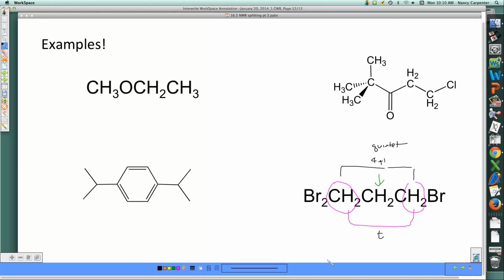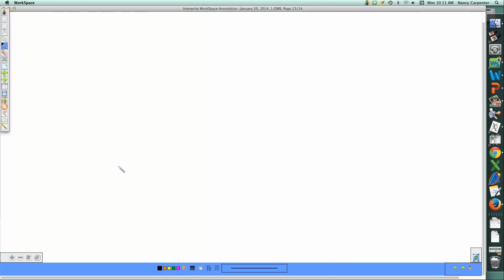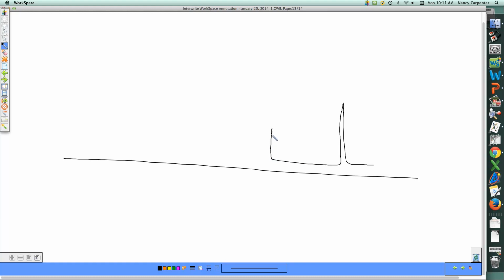So those are some great examples. Start thinking. We've just looked at these from one direction. What we're going to need to do in class is look at a spectrum, look at the patterns, and say, given this spectrum, what structural features can I infer from these chemical shifts, integrations, patterns, and coupling constants?